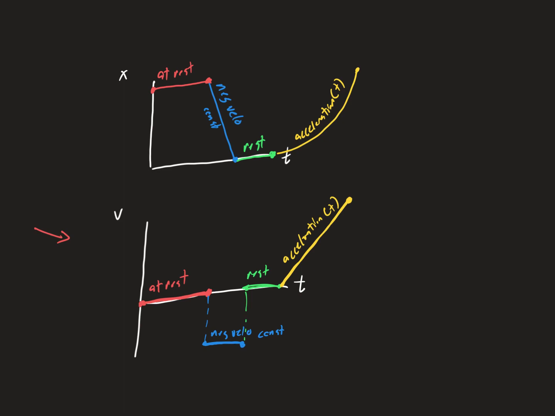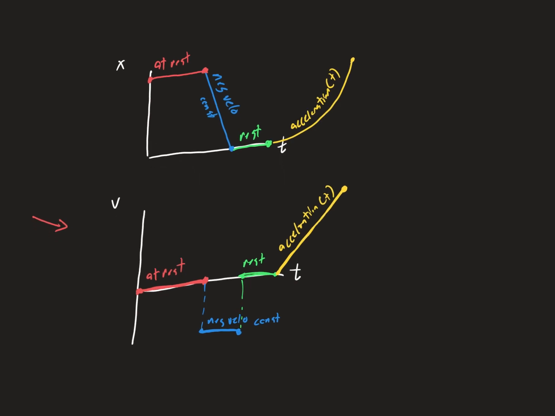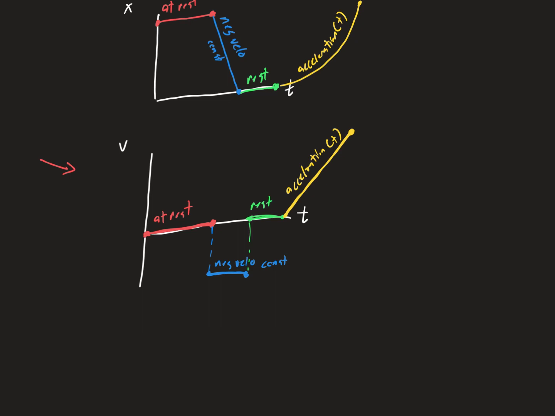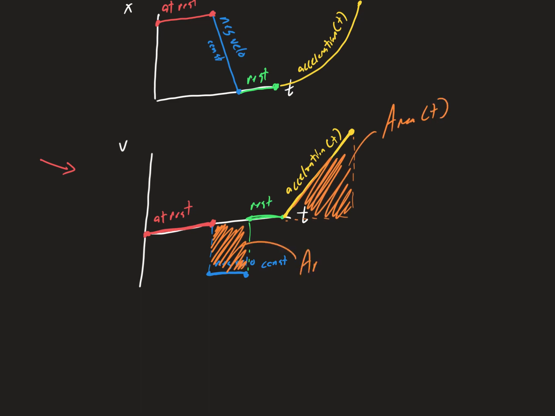We can take a look at the area of the velocity versus time graph, and the areas we'd be looking at would be this guy down here, and kind of figuring out where this guy should go, this guy right here. So we would have this area that would be positive, and this area that would be negative.